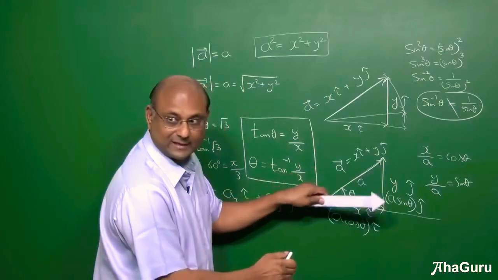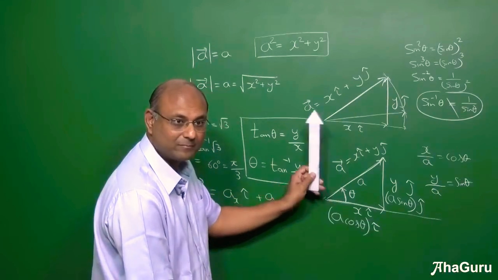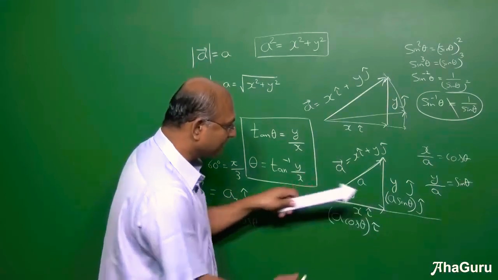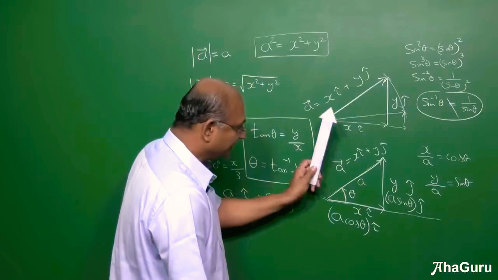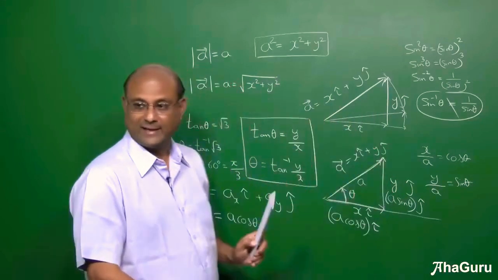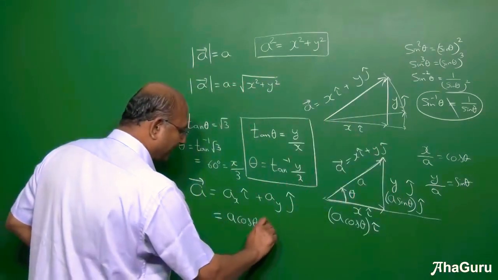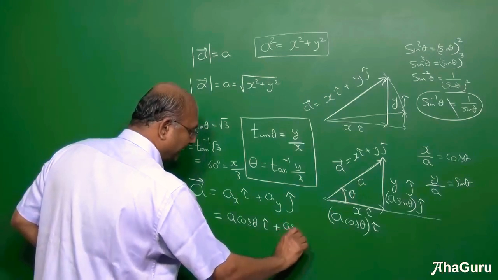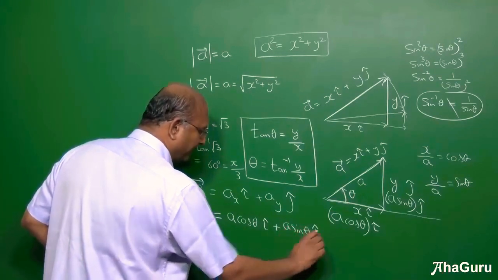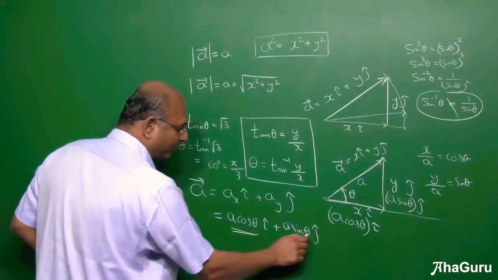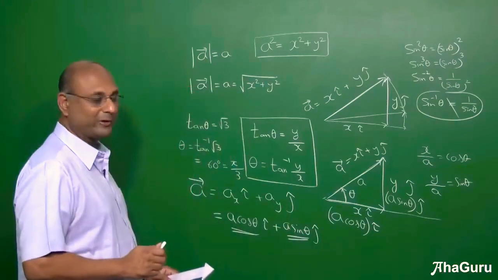A cos theta. This is the angle you are bending it by. Okay, so a cos theta gives you this. If this is a cos theta, this must be a sin theta. So a cos theta I cap plus a sin theta j cap. So this is called the x component and this is called the y component.